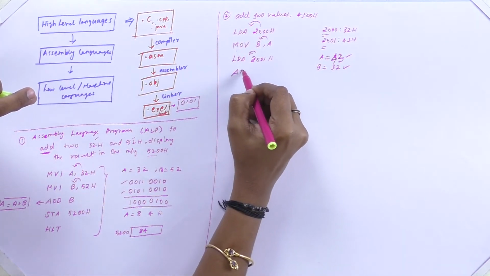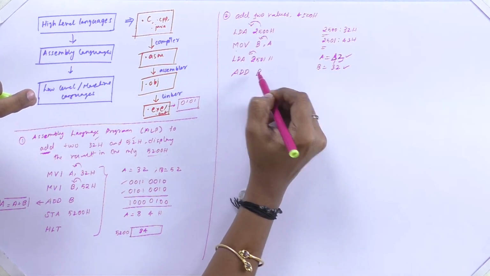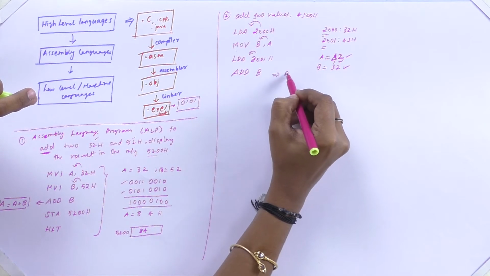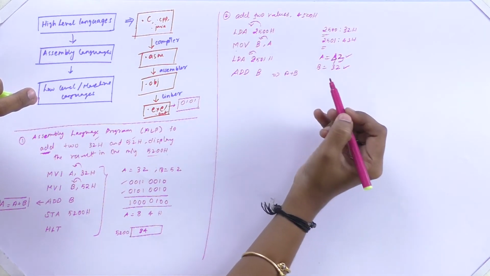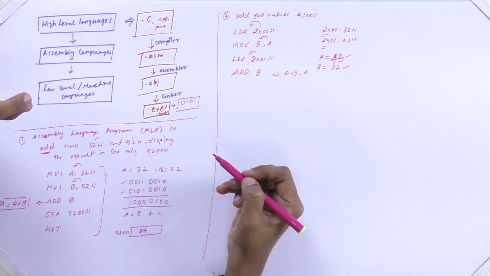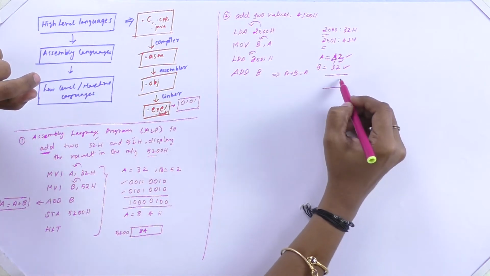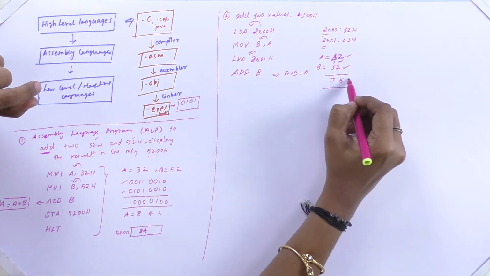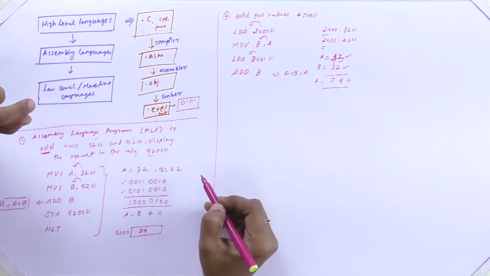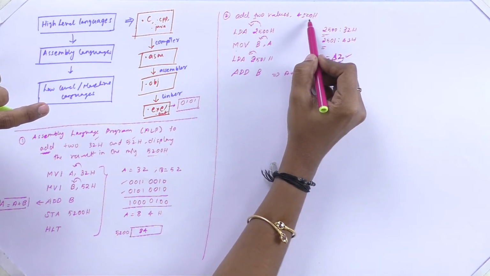That is executed using the instruction ADD B. It means that accumulator will be added with the register B and the result will be again stored in the accumulator. This operation will be performed in binary and the result 75H will be stored in the accumulator. Then we have to display the result in 4500.